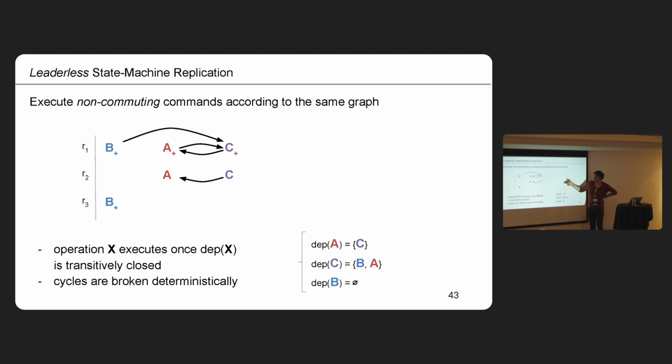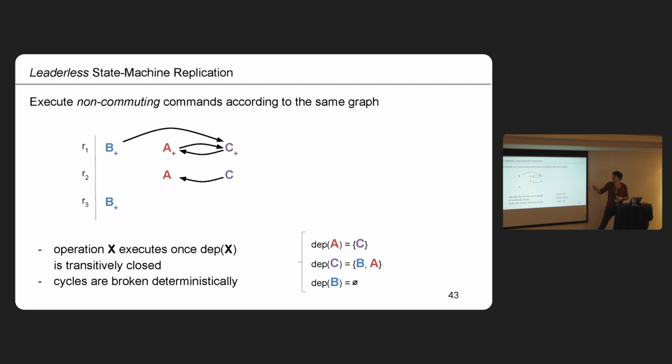And so we will have cycles. And what we do is that we execute operations according to the dependencies, in the sense that if a command has dependencies, we must execute those dependencies first. And if we have cycles, we break them deterministically.